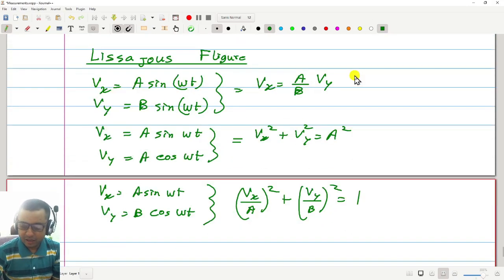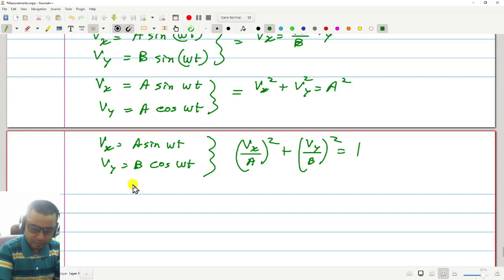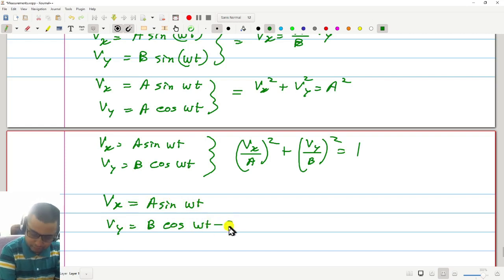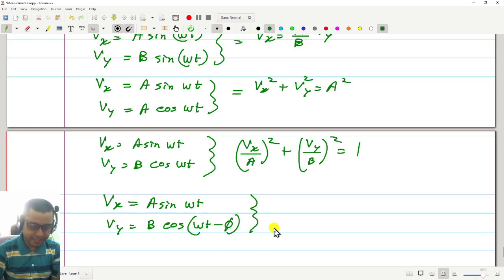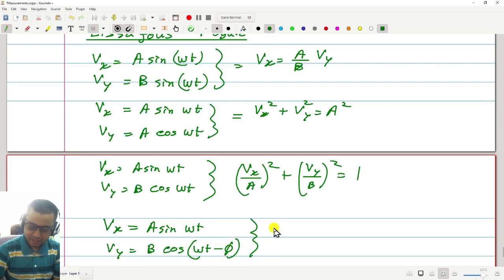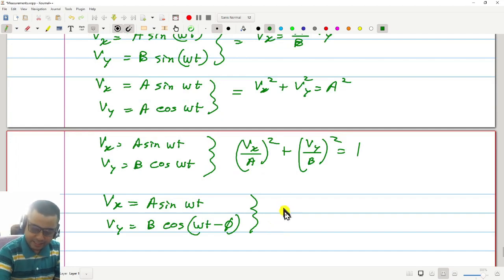Okay, acha. And now in the same way, if Vx equals A sine omega t and Vy equals B cosine of omega t minus some phi, what will we see? Any idea? We will again get an ellipse.